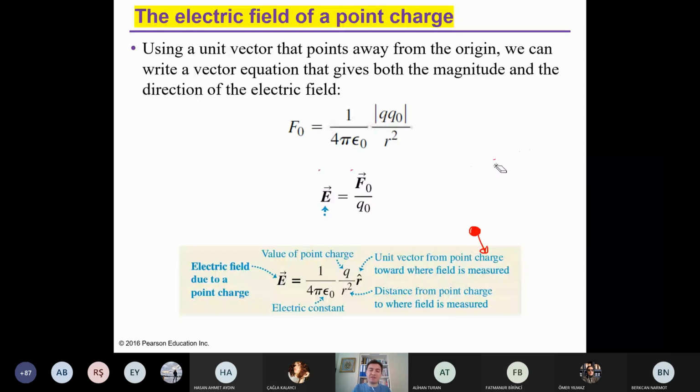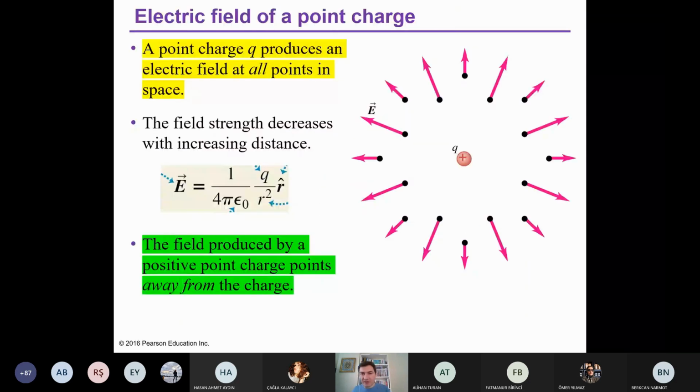Okay, now let's discuss the direction of the electric field for point charges. Here we have a point charge, or you can say source. It is positively charged, and I choose different points in space, for example, also here.